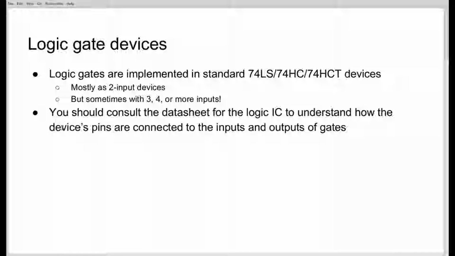In general, you should investigate the range of logic gate ICs that are available and look at the data sheets for those devices to understand what gates the device has, and also to look at how the device's pins are connected to the various inputs and outputs of the gates that are contained in that device.